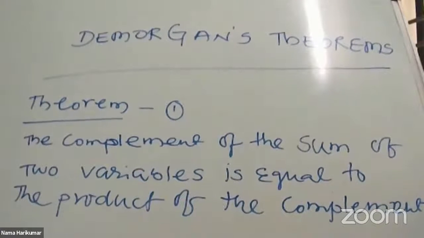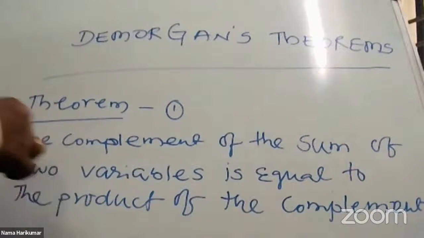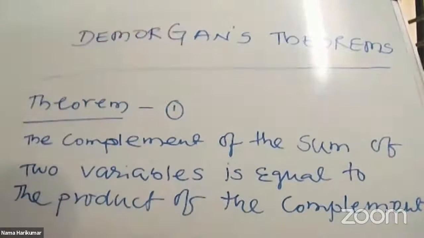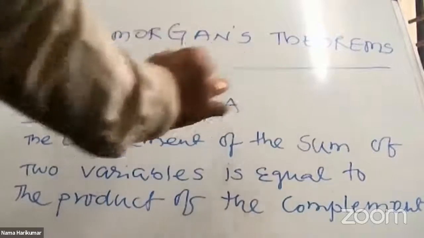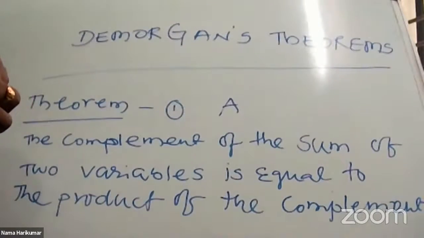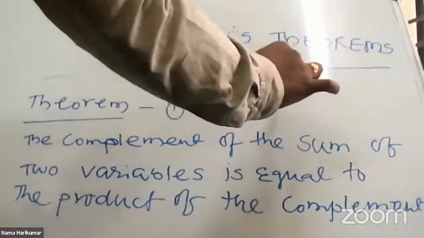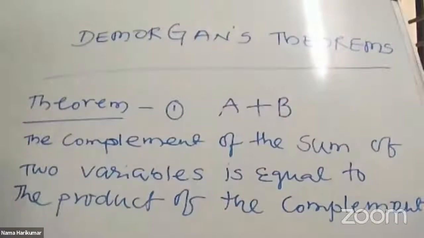So, the complement of the sum of two variables, that is A and B. A plus B is the sum of two variables.